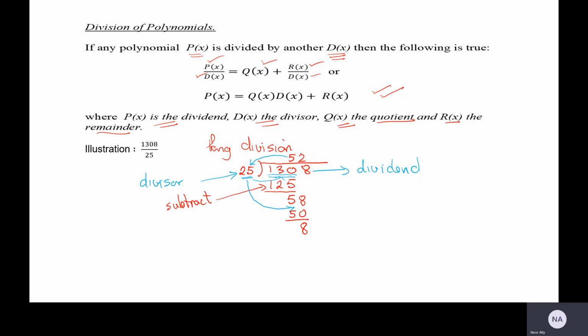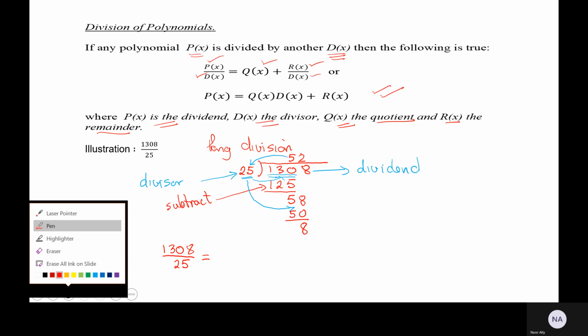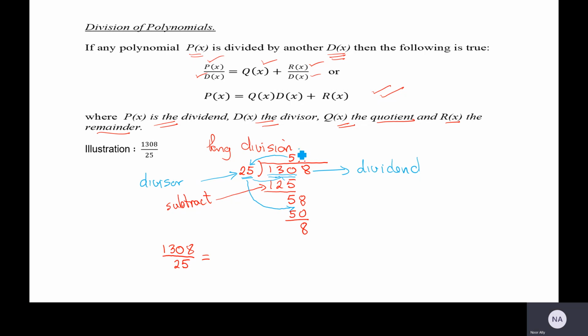So we started off with 1,308 divided by 25. What did we call this particular value that we got? That was the quotient. And this was the remainder.